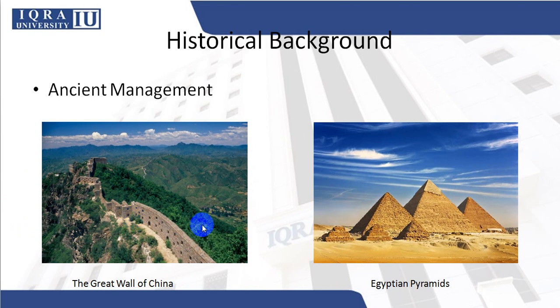It took immense time and immense resources, but the question arises: how were these things possible at that time? The answer is that management and managers existed in history as well. They were the ones who coordinated the activities. They used the labor force and resources efficiently and effectively, so that we can see their creations, their immense projects, with our own eyes today, and we are amazed to see the beauty.